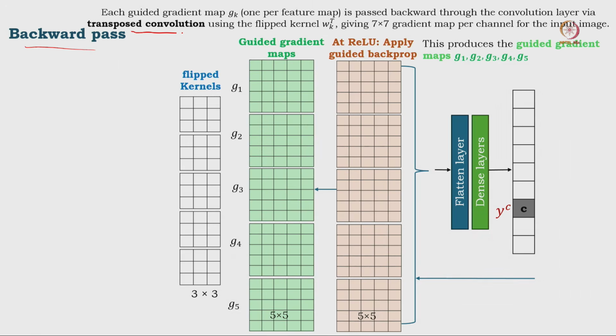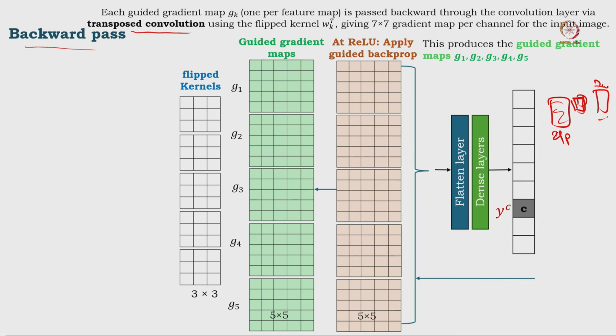a transposed convolution. What is the convolution operation? You have an input image and a kernel, and the kernel passes over the entire image and you get the feature map.